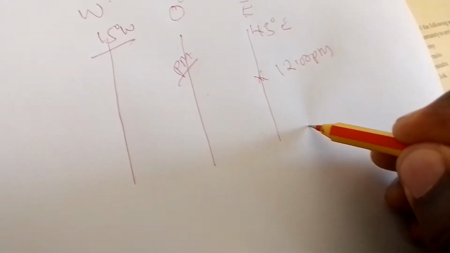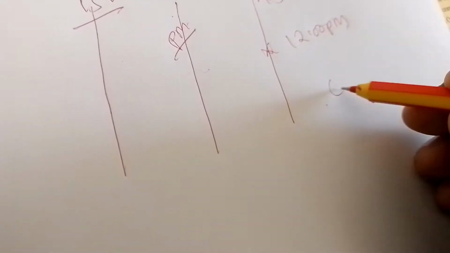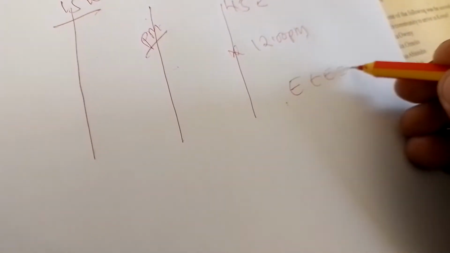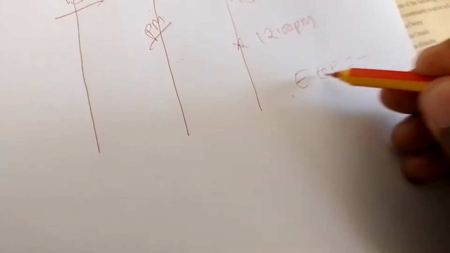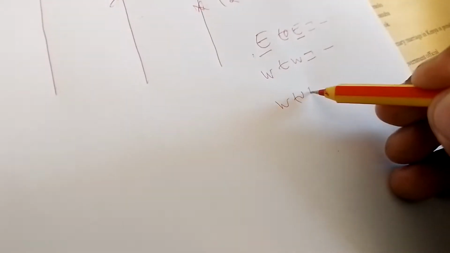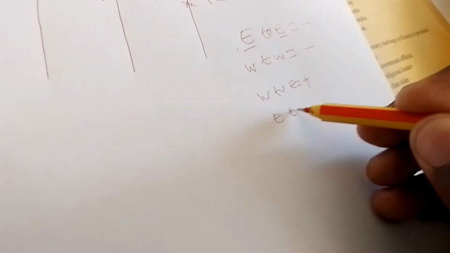The first thing you do here is find the degree difference. When somebody is moving from east to east, in terms of degrees we subtract, because these are like terms. When somebody is moving from west to west, like terms, we subtract also. West to east we add, east to west we add.